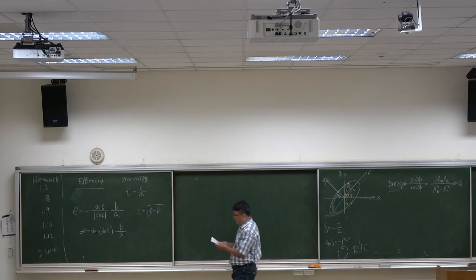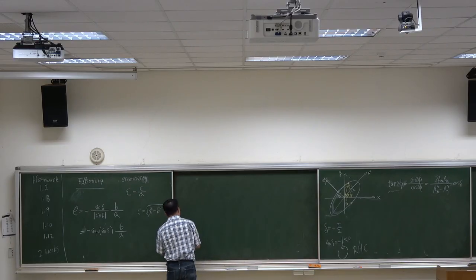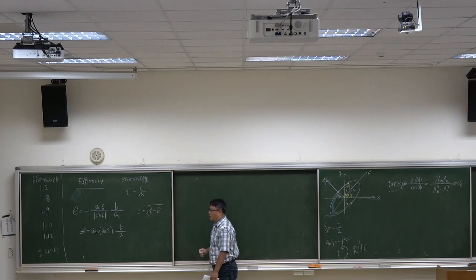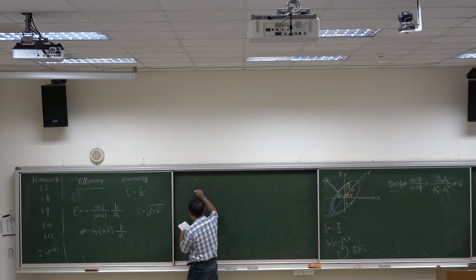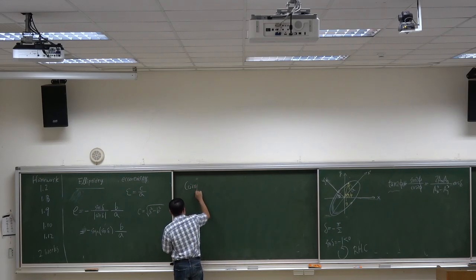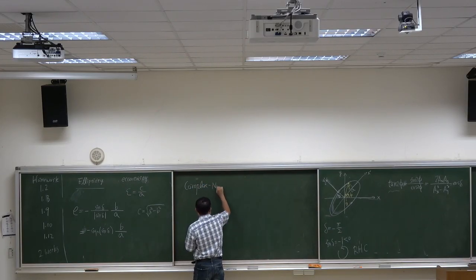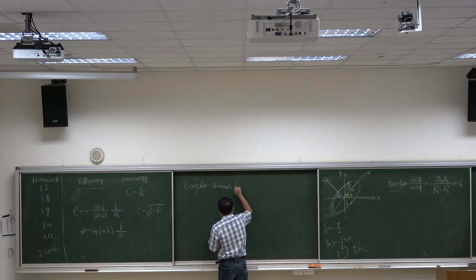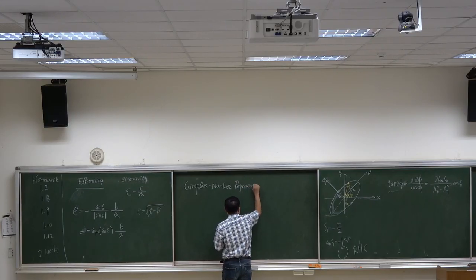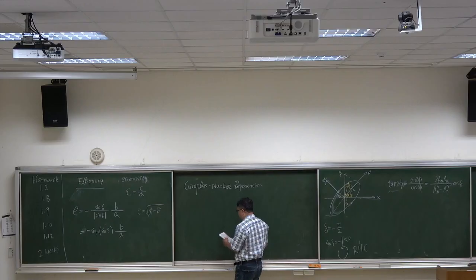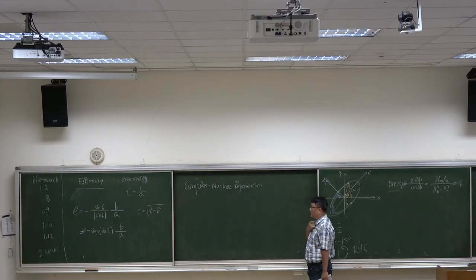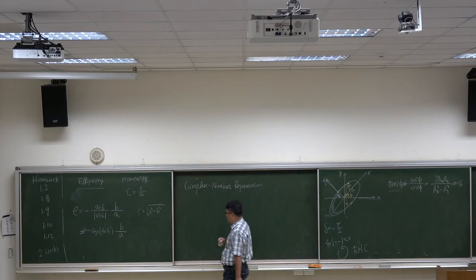The first way to represent the polarization state is to use a complex number, which we denote as chi. It is the complex number representation of the polarization state.